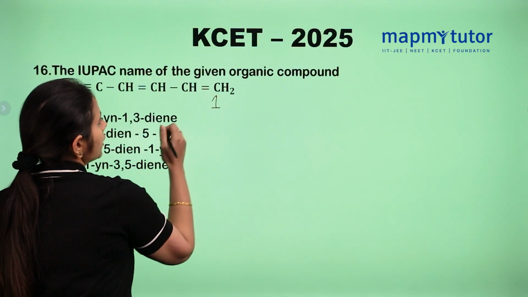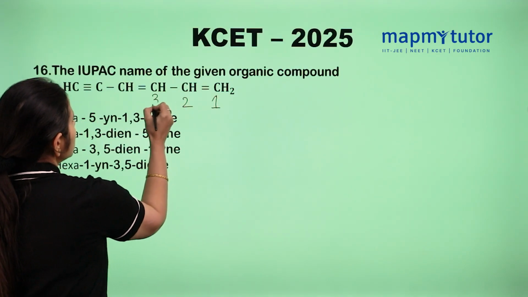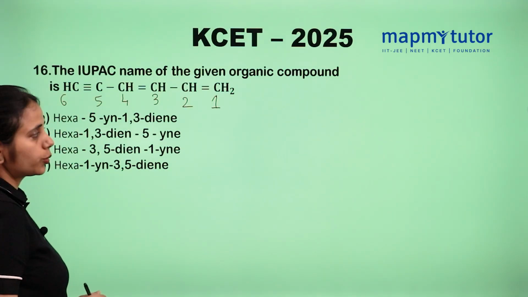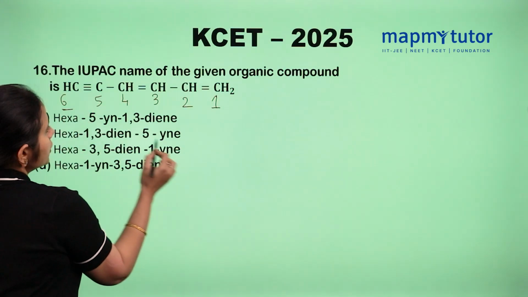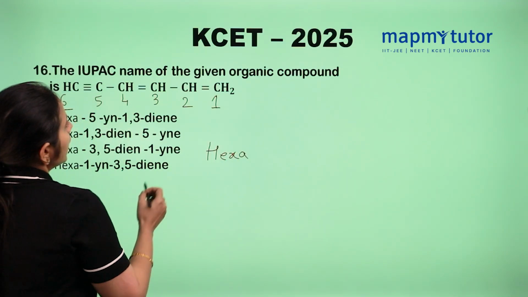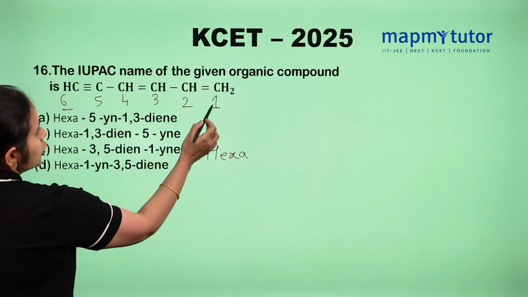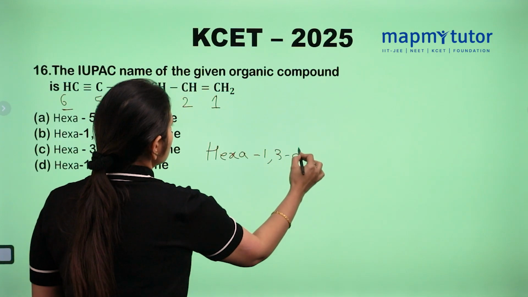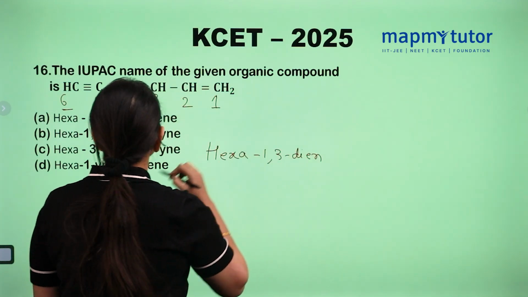So we will start from here: 1, 2, 3, 4, 5 and 6. For 6 we use hexa. The double bonds are at positions 1 and 3, so it will be hexa-1,3-diene.